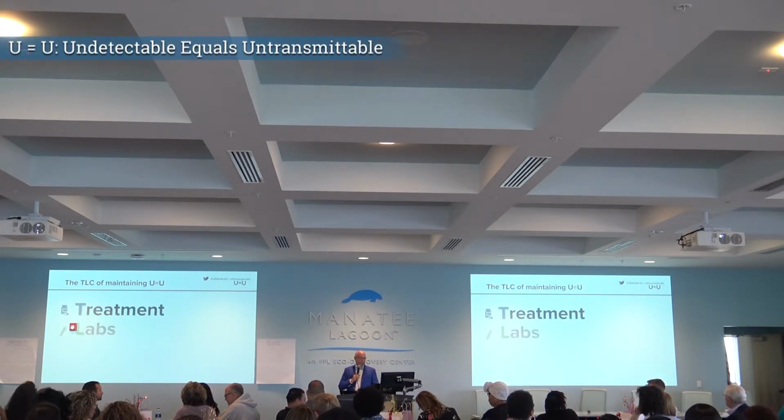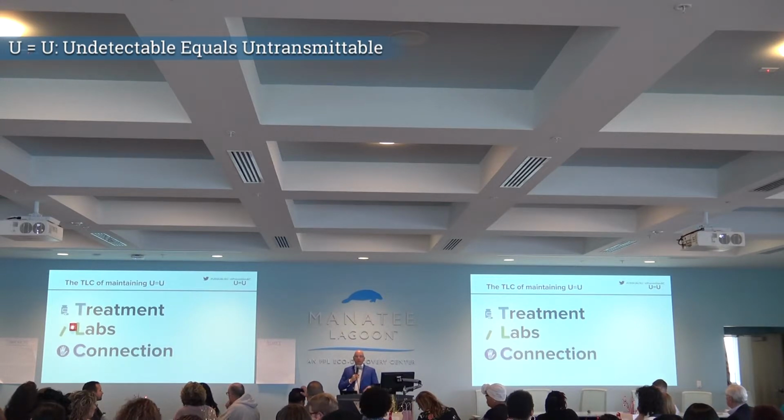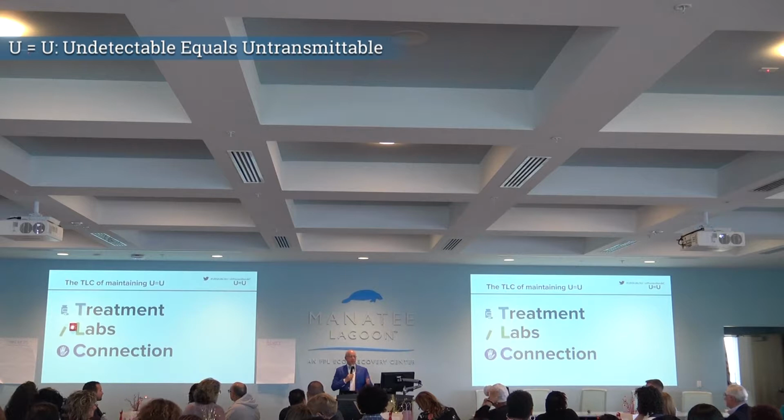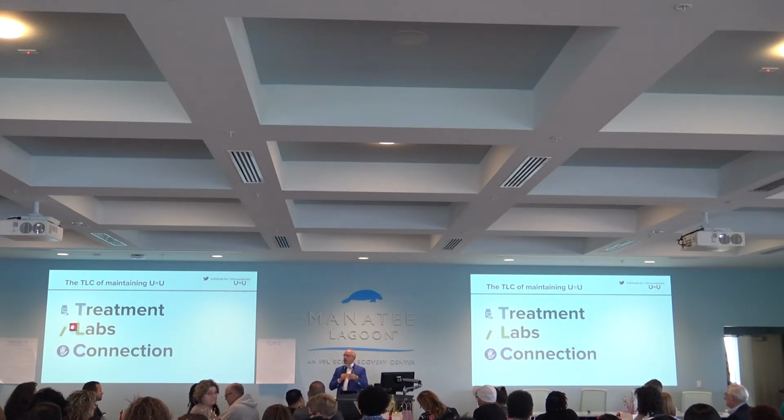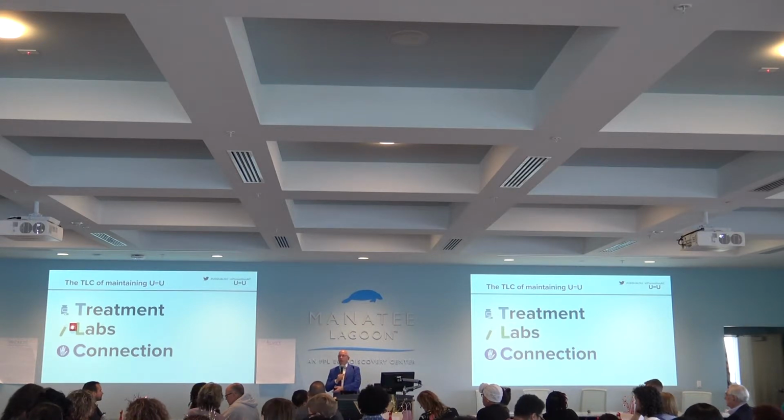So maintaining undetectable equals untransmittable is a group effort and involves many arms. It involves treatment, staying up to date on laboratories, and that connection, and that's where the case managers are so important for increasing the connection between people living in the community and the providers who are writing the prescriptions.